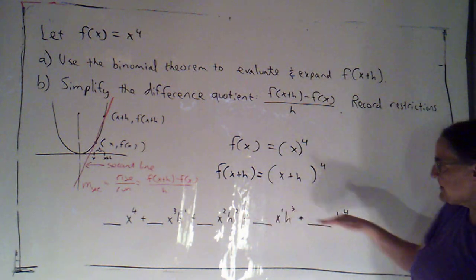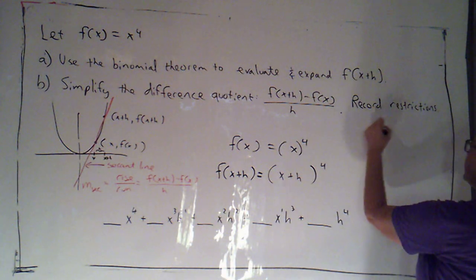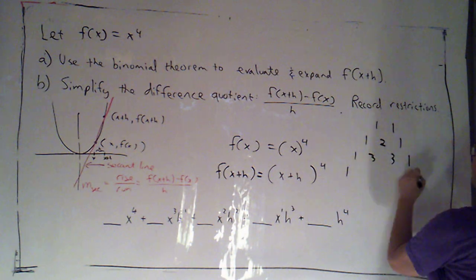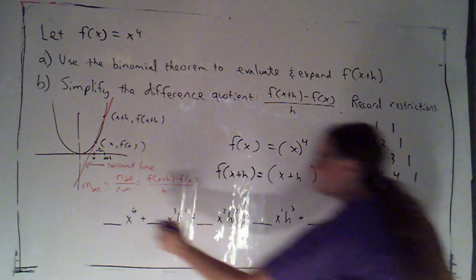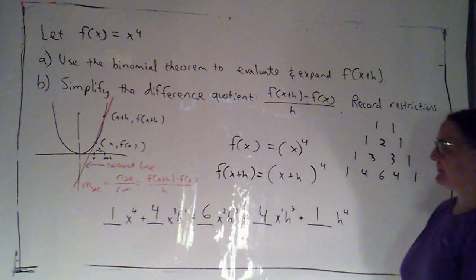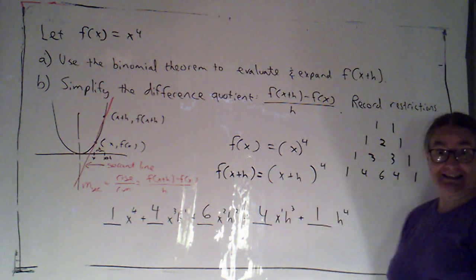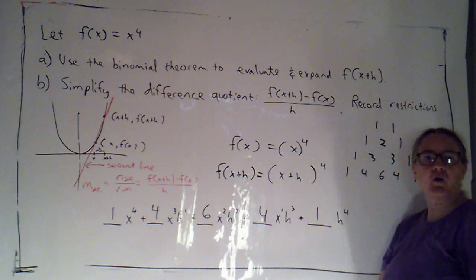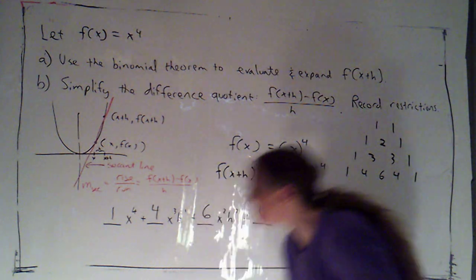These are the types of terms that I would have, and to get the coefficients, I'm just going to use Pascal's triangle. So the coefficients that I'm filling in are 1, 4, 6, 4, 1. That's it. There really isn't any simplifying to do because there weren't any numbers showing up in parts of these terms, and each was just a variable to the first power.